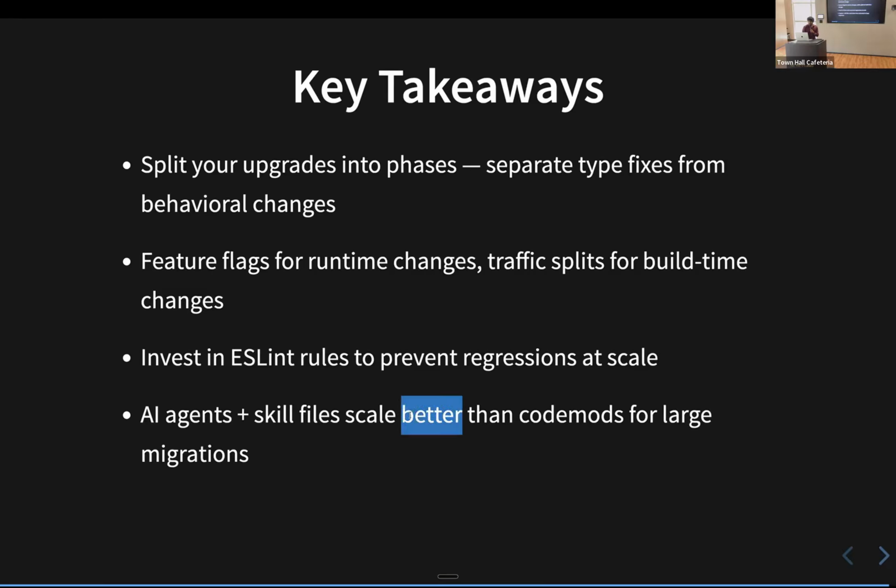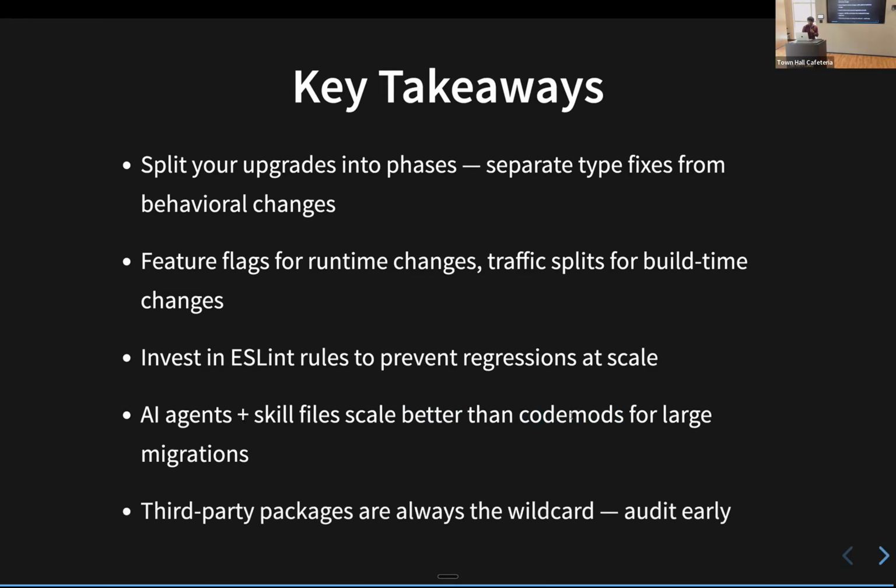What I've seen is it's way better than using codemods in a couple of use cases and would definitely help fast track your upgrades. And third party packages are a wild card. Just be very careful and do a thorough audit, otherwise you would end up with a broken build on prod.